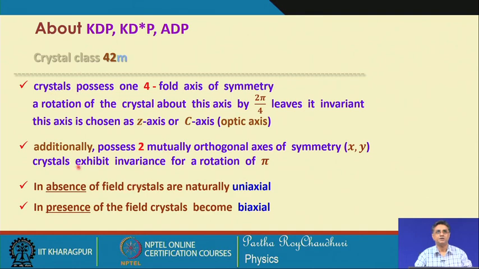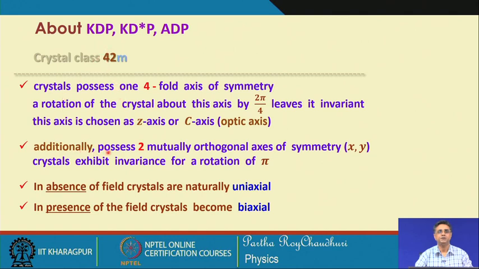This group of crystals, the class is 4 2 m. The crystals possess a fourfold axis of symmetry, that is, a rotation of the crystal about this axis by twice pi by 4 leaves it invariant. So, you can go for 4 steps of rotation, each one by twice pi by 4, and the crystal will remain invariant, and this axis about which the rotation is given is chosen as the z axis or c axis, the optic axis of the crystal. So this is the fourfold symmetry.